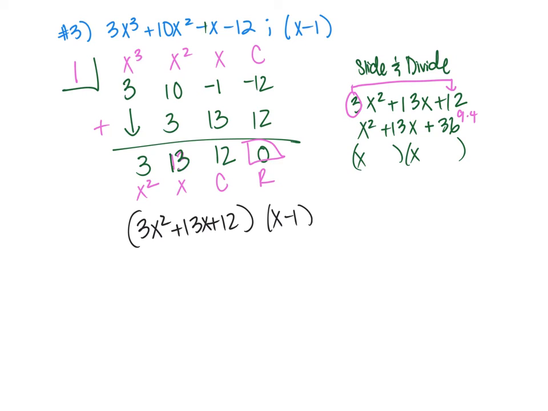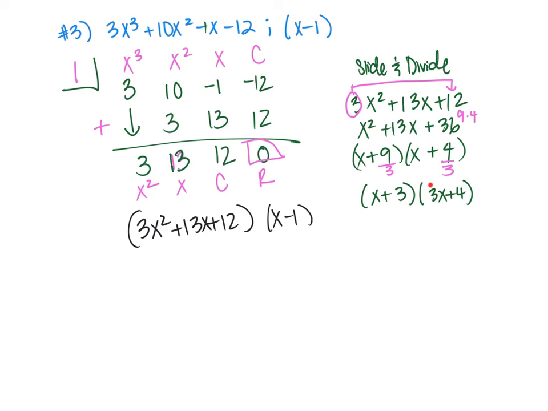So this works out. So I need a positive 9 and a positive 4. But when we slide, we also have to divide by the number that we multiplied. So if we multiply by the 3, I need to divide out 3. And you can see that the first one divides nicely. 9 divided by 3 is 3. But this one doesn't. So this 3 gets put in front of the x when it doesn't divide nicely.